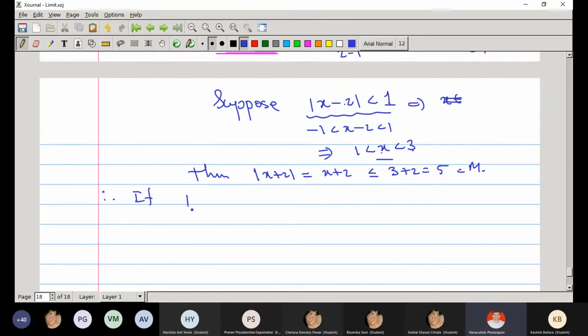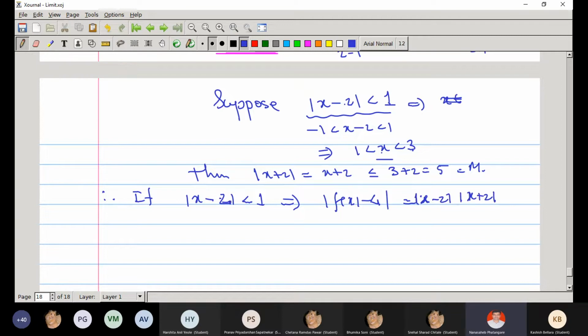Therefore, if distance of x from 2 is less than 1, then what is |f(x) minus 4|? It is the absolute value of (x minus 2) into (x plus 2).